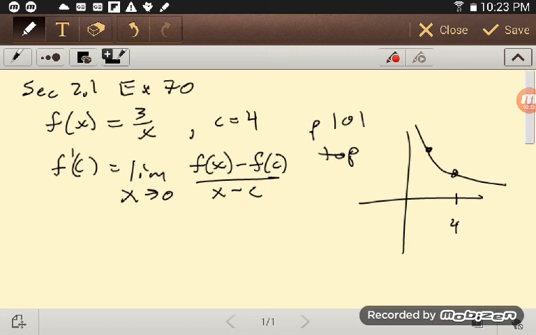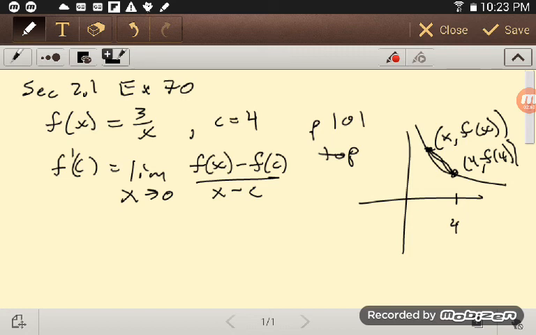Here's the point x, f of x, and here's the point 4, f of 4. We're just getting the slope of what we call a secant line, and that's a perfectly nice way to think of it.